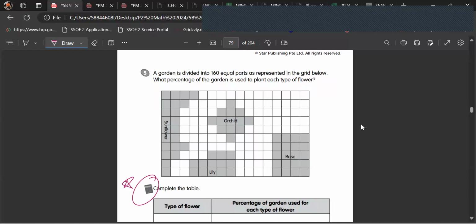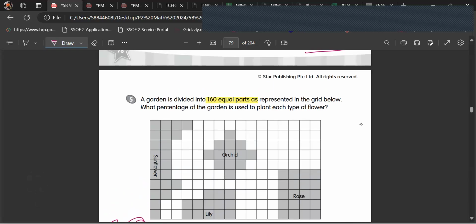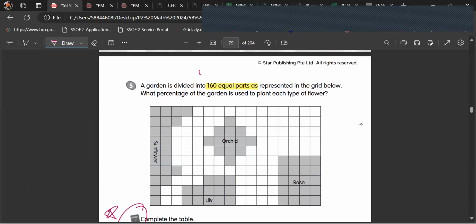Yes, you see, Ansel pointed out that something is special with the number. If you look here, it's 160 parts. So the key here is that the whole of this garden drawn here is not 100 parts. The whole is 160 parts.